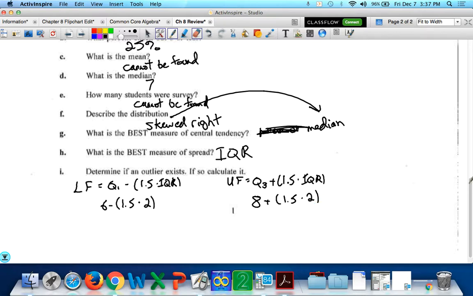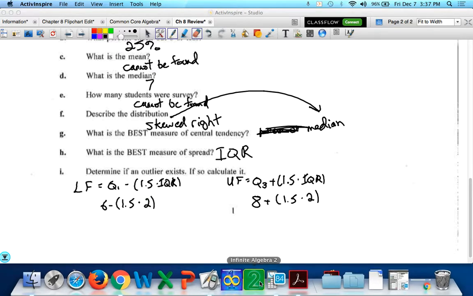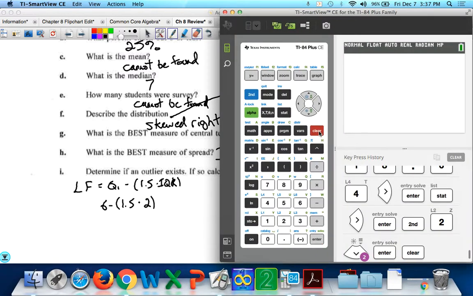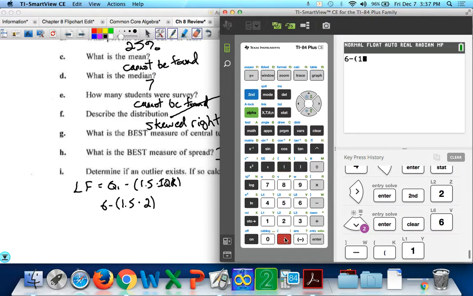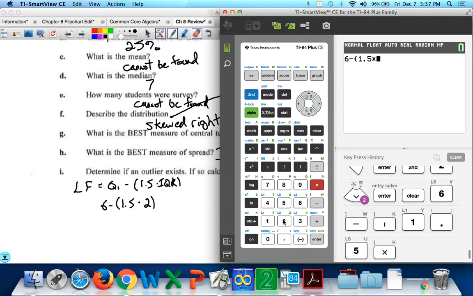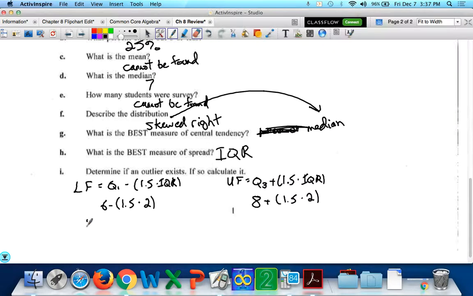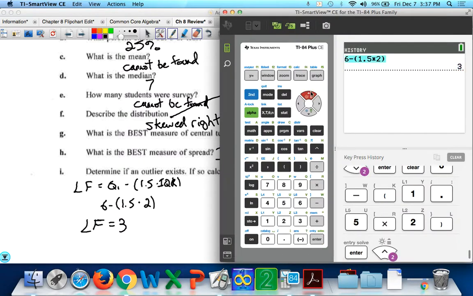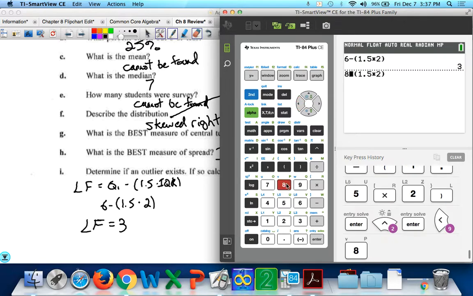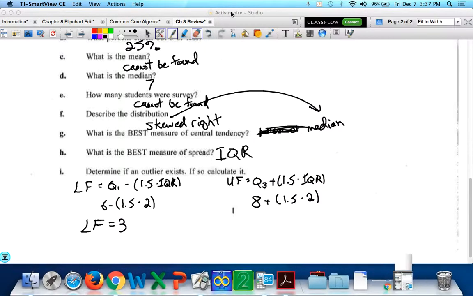When we do this, we throw it in the calculator, or you just know that 1.5 times 2 is just going to be 3, but let's just be safe. 6 minus 1.5 times 2 is going to give me a lower fence of 3. Eight plus that same thing is going to give me an upper fence of 11.